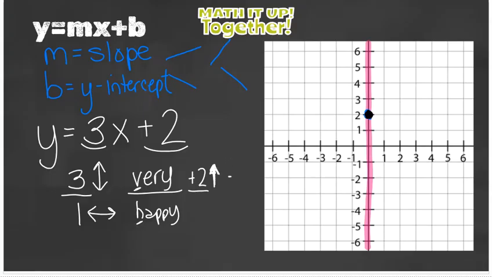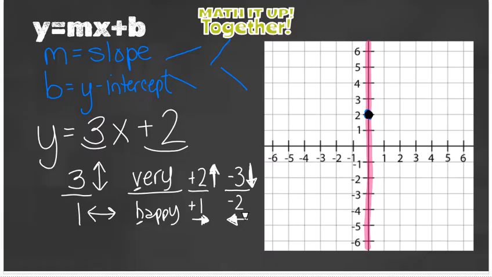When slope is negative in our numerator, we are going to move down. When slope is positive in our denominator, we are going to move right. When slope is negative in our denominator, we're going to move left.